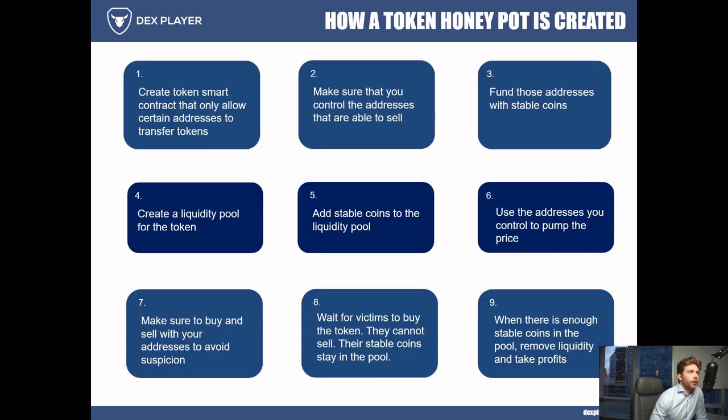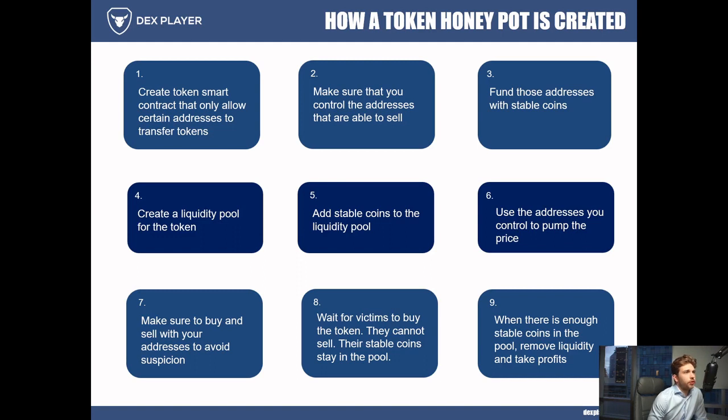Okay, so here I'll quickly show the process of how a honeypot is created. The first step is we have someone that creates a smart contract that only allows certain addresses to transfer tokens. Then he makes sure that these addresses are controlled only by him.